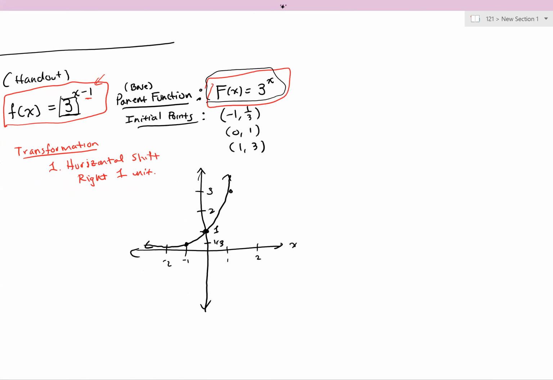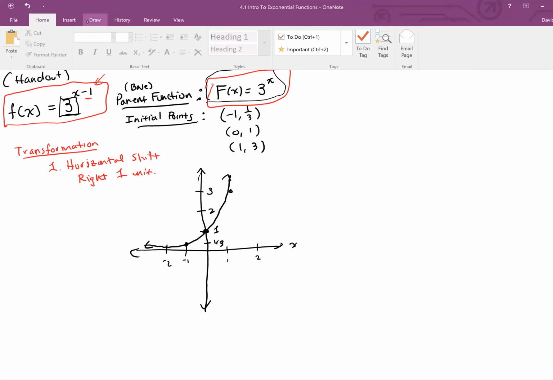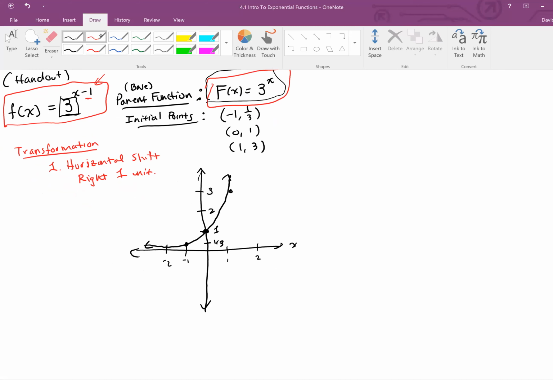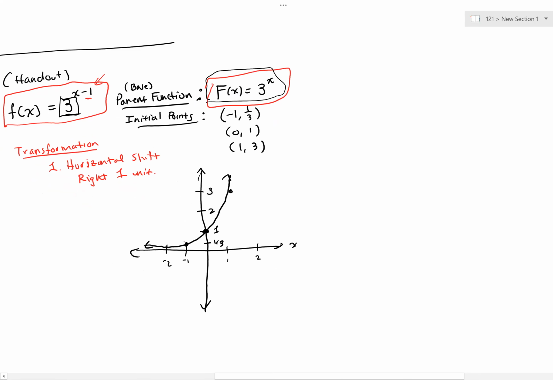Now for my transformation, I'm basically going to shift each of these 3 points right 1 unit. So I'm going to shift the point at (-1, 1/3) to (0, 1/3). I'm going to shift the point at (0, 1) to (1, 1), and shift the point at (1, 3) to (2, 3).